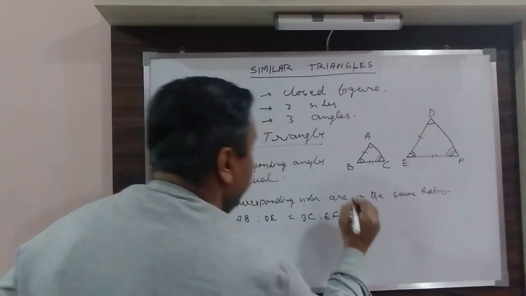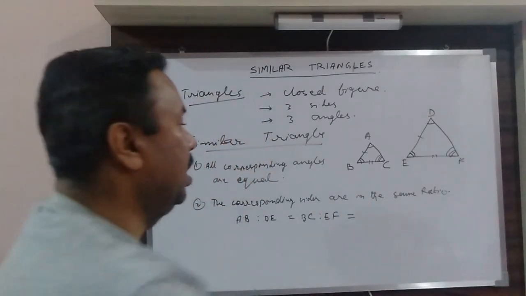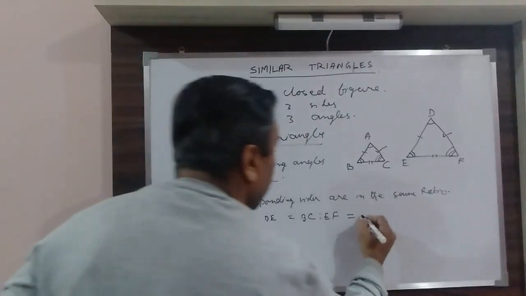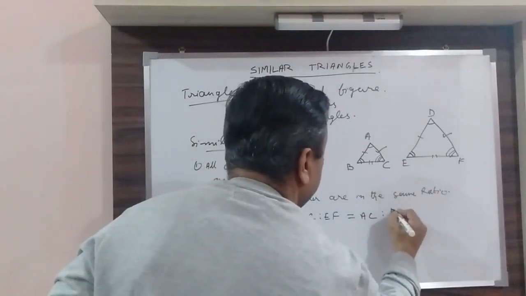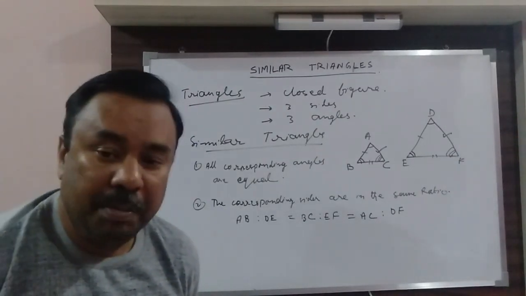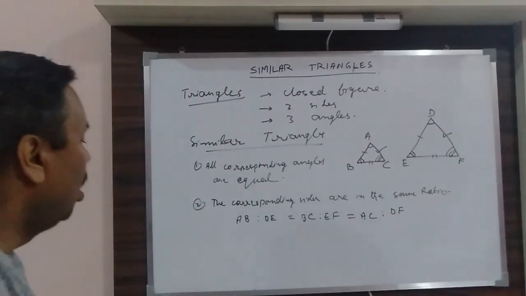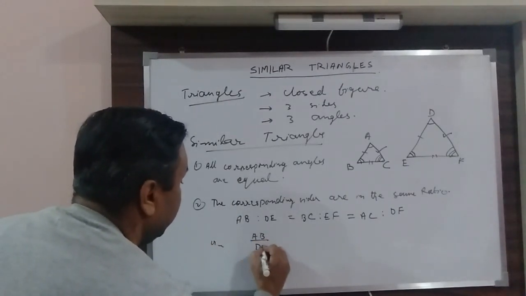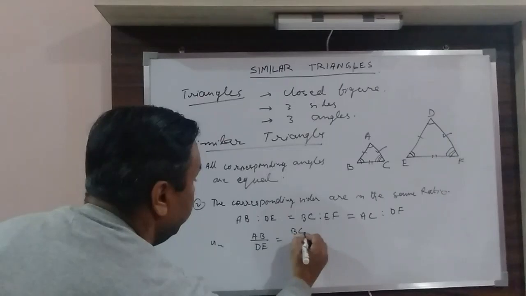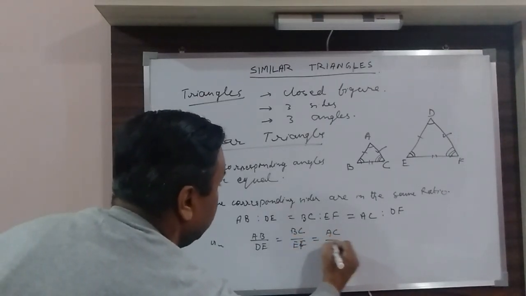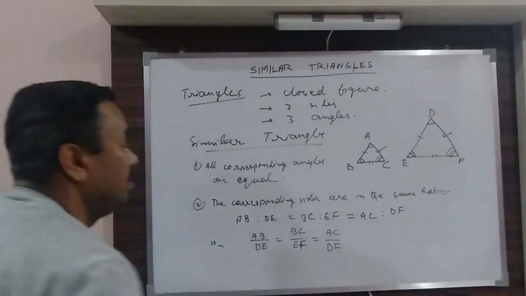And in the same way for the third side, AC is to DF. All three ratios have to be the same. Or I can also write it as AB over DE is equal to BC over EF, and that is equal to AC over DF.